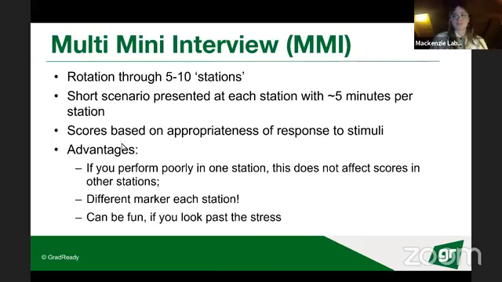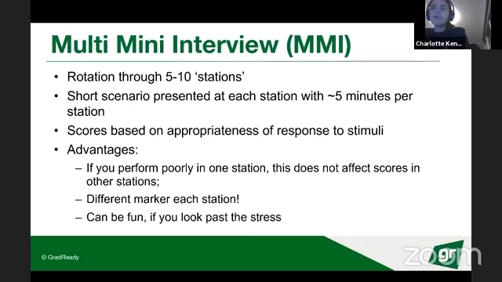MMIs are probably the most common type of interview that they use. This basically consists of you rotating through 5 to 10 stations. Before COVID, this meant that you went from one little room into another little room and you rotated around a hallway. But with online interviews, that might be a little bit different, and you might have different examiners, or maybe the same examiner running you through things.